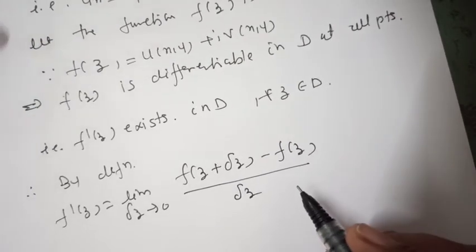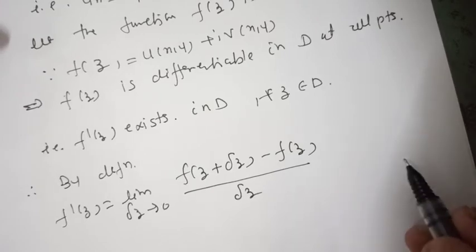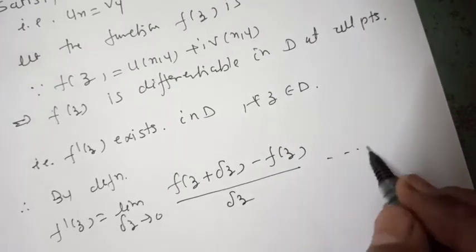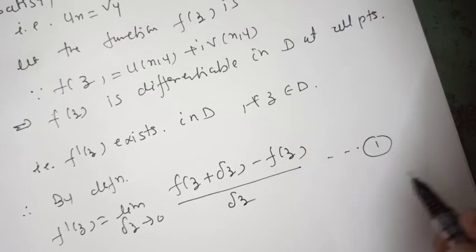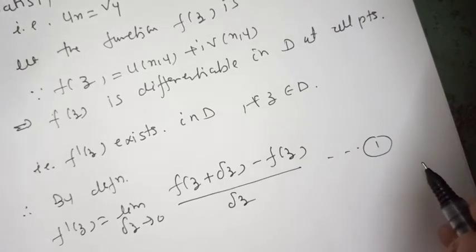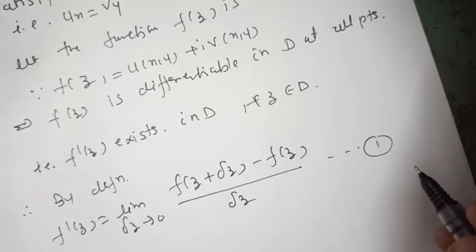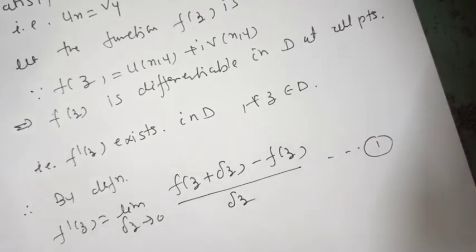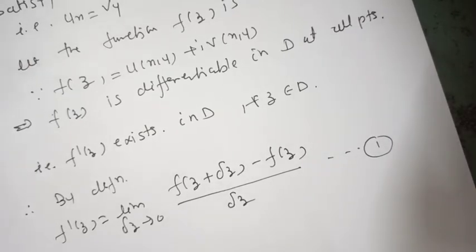This is the definition of f dash z at the point z.